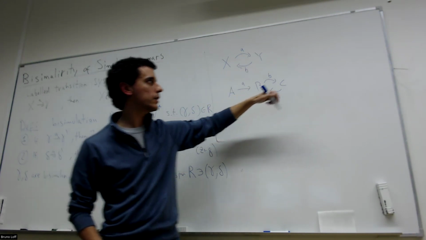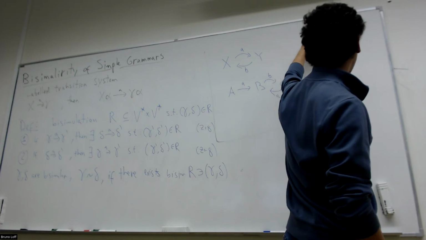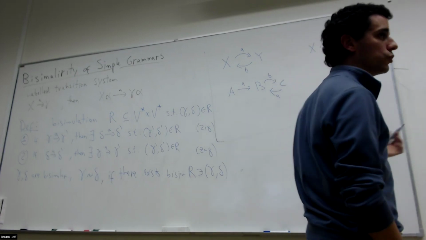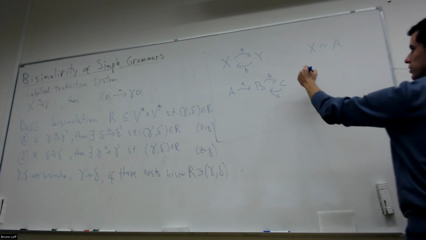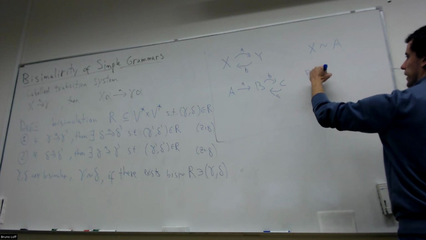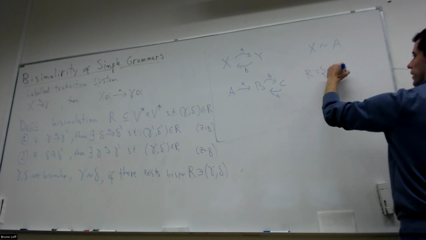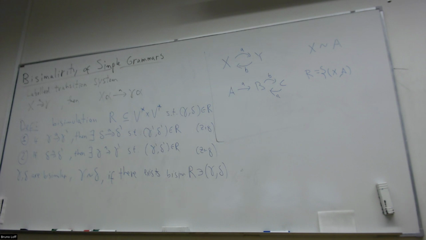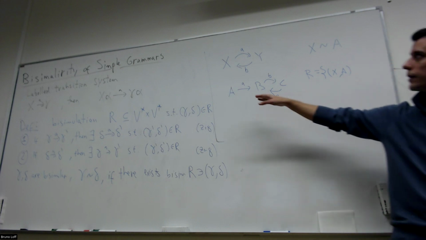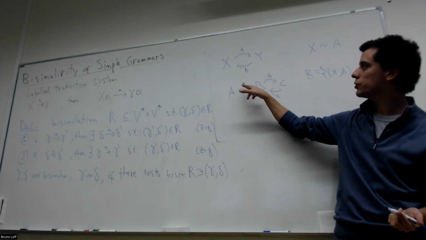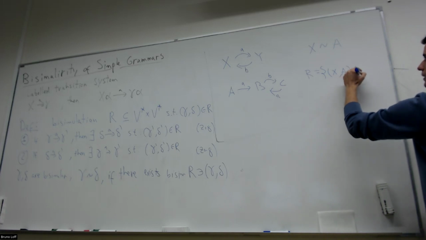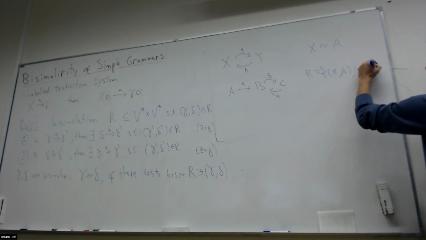So in fact, you can prove that x is bisimilar to a. How do you do it? You exhibit the bisimulation that witnesses this fact. We say x must be bisimilar to a. Since x has a transition to y by small a, then a should also have a transition by small a, and in fact it does. So y should be bisimilar to b.